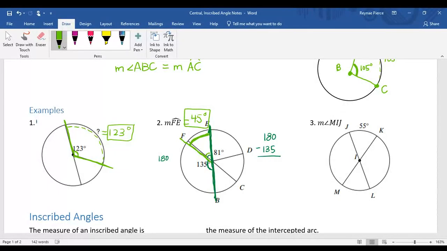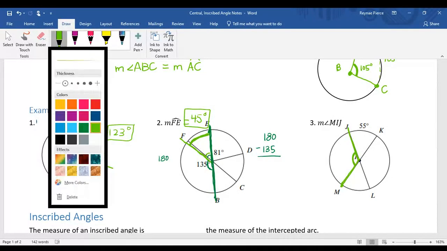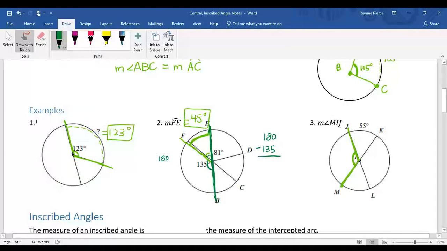Number 3, we want the measure of angle MIJ. So from M to I to J, this is what we're looking for. We're looking for a central angle, but again, we have an arc. We have 55 degrees. MK is the diameter. It cuts this circle in half.